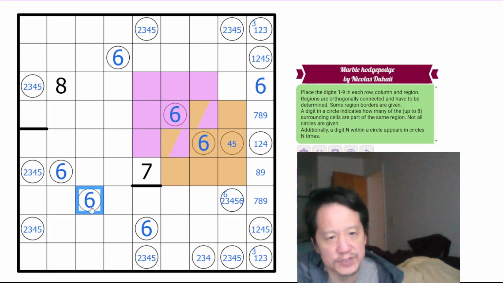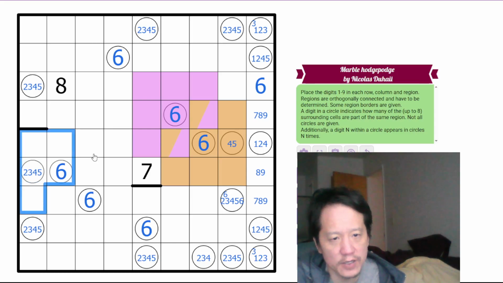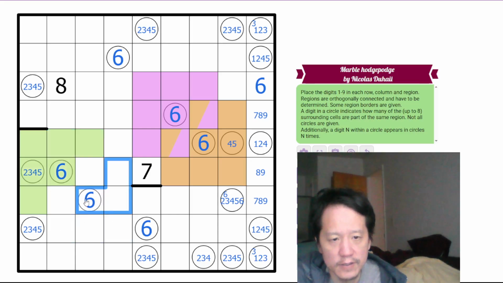But obviously if this is 6, then this becomes, again, this is green. This would be red.